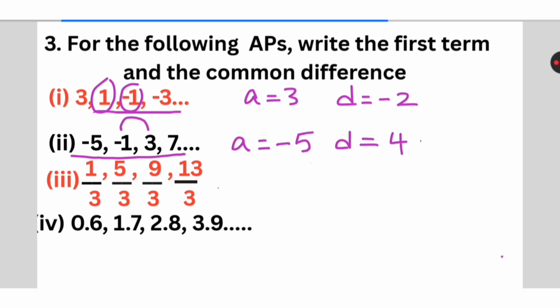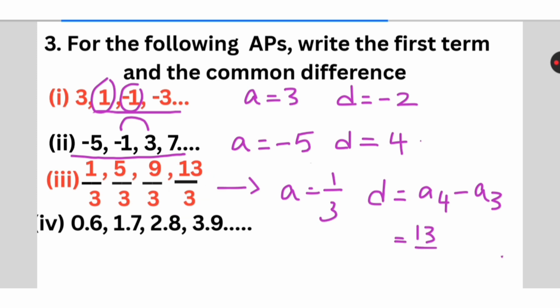Now check the third sequence. Here A is 1 by 3. Now we need to check the common difference. Let's do A4 minus A3. What is the fourth term? 13 over 3 minus the third term, 9 over 3. If you take the LCM, which is 3, 13 minus 9 gives 4 over 3.